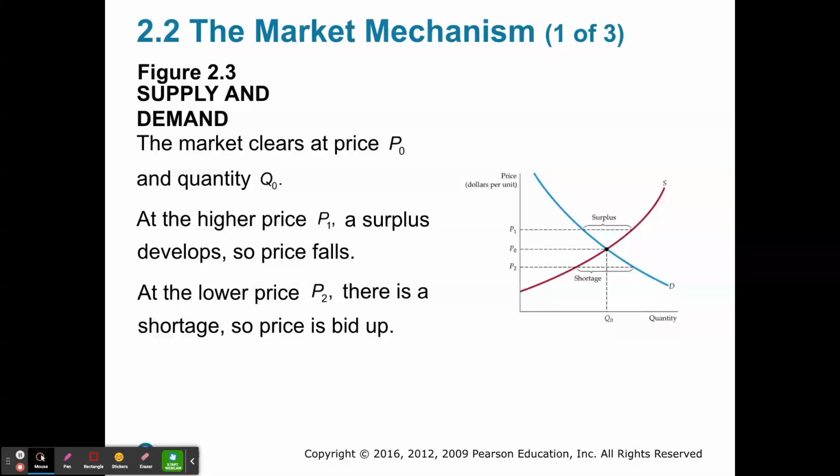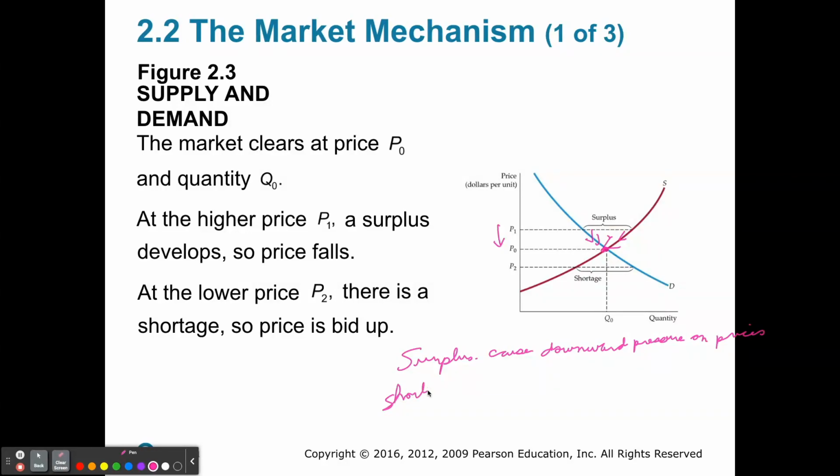Because if the market is allowed to exist here, a surplus would cause downward pressure on prices. And as the price falls, you would have movement along the demand curve and movement along the supply curve simultaneously until you reach that point.